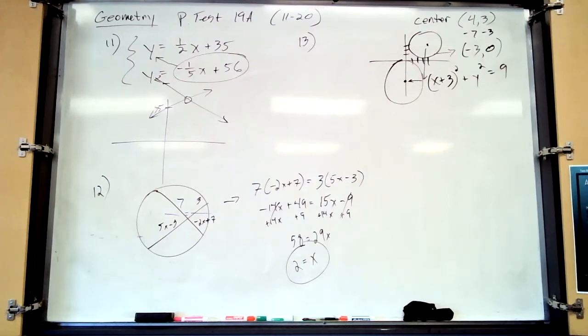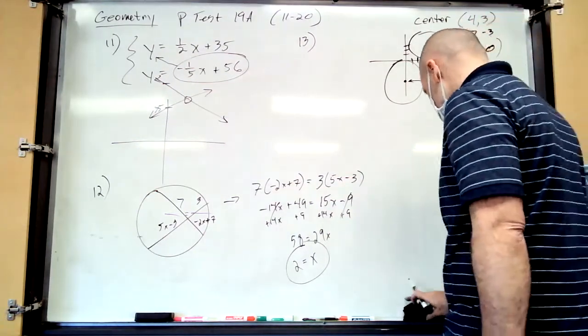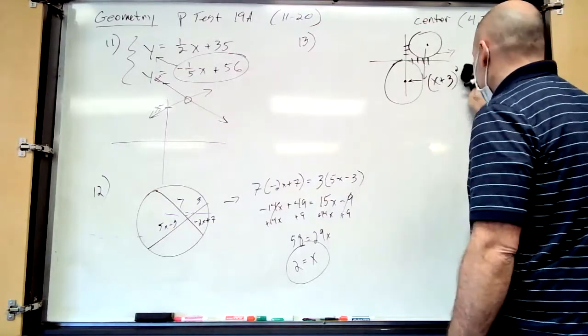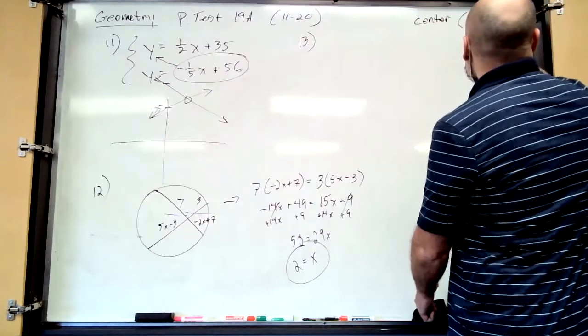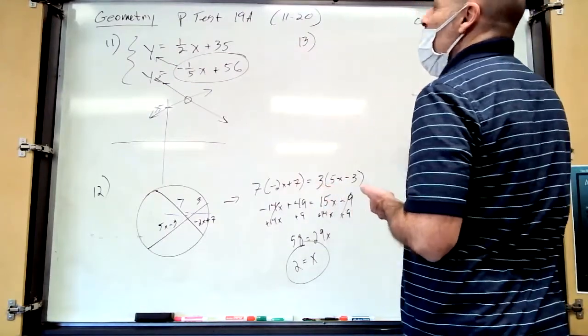Oh, wait. No. Did I mess that up? Yeah, 4 over. Oh, I did mess it up. You guys didn't catch it. So 4, 3, the x value is 4 and the y value is 3. So you're subtracting 7, you're going 7 down and 3 units to the left.